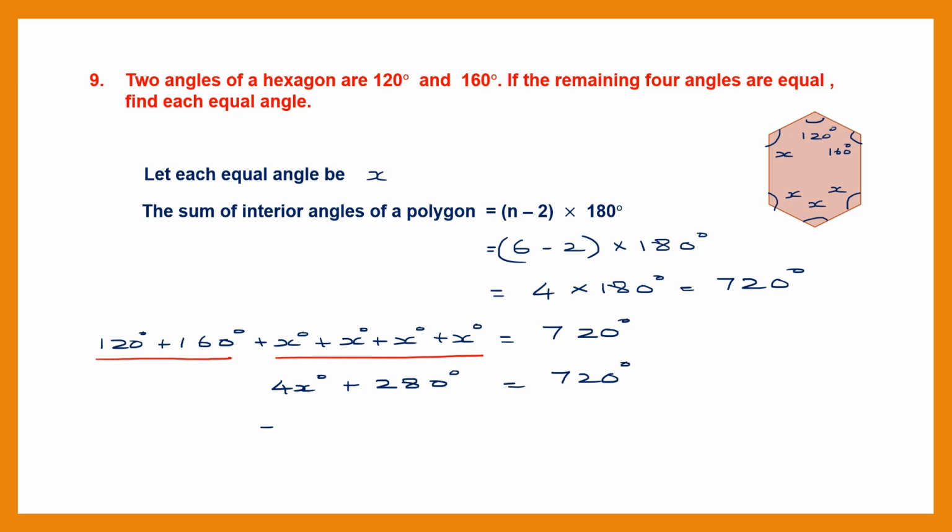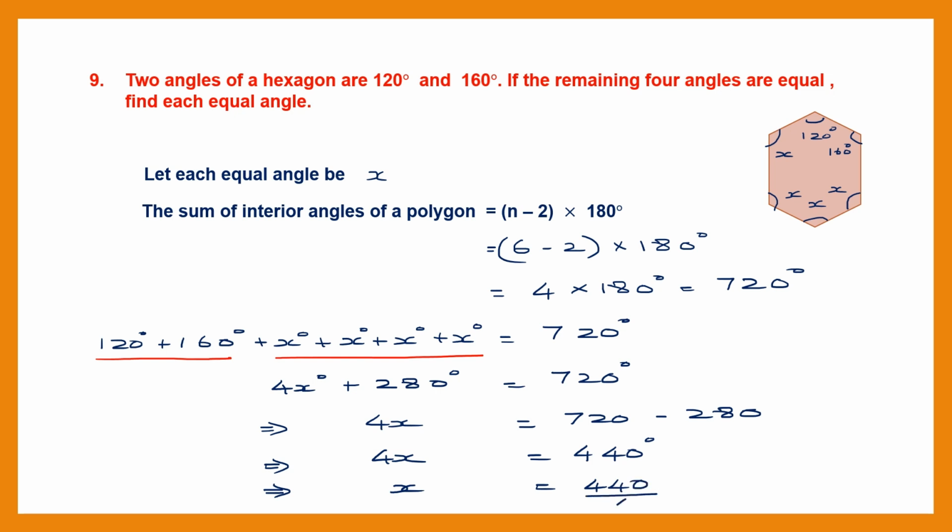So now let's find the value of 4x. That will be 720 minus 280. So 4x is equal to 720 minus 280. That will be 440 degrees. Now we can find the value of x. X is equal to 440 divided by 4.